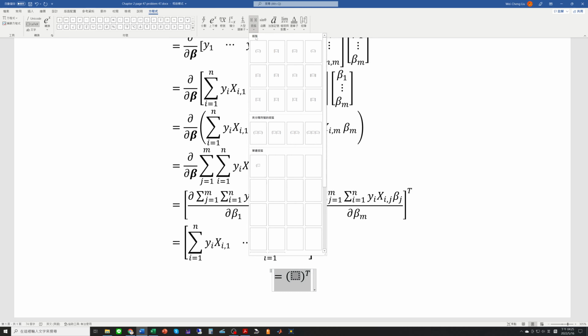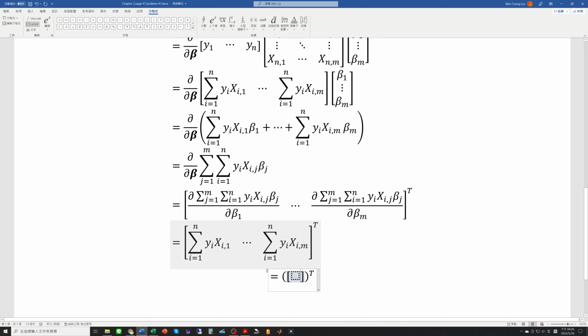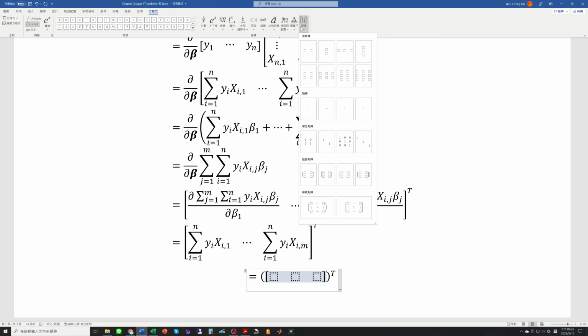First let us see the vector. We can see that summation i is equal to 1 to n yi xi1. So this vector, times a matrix.